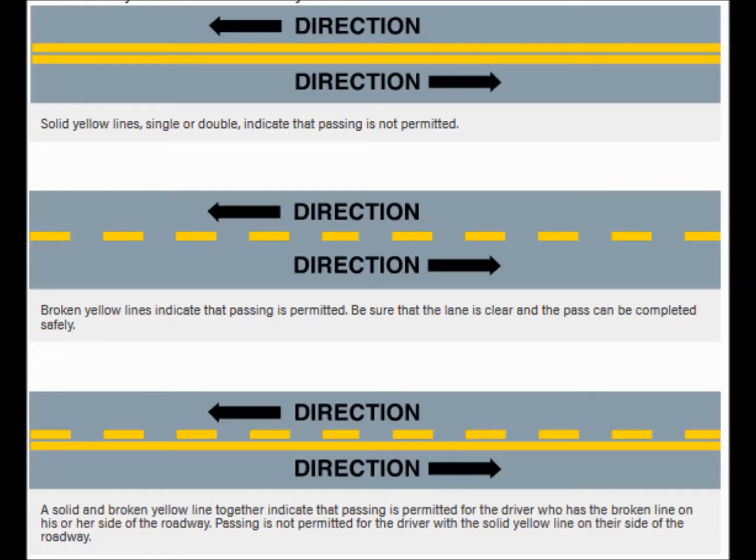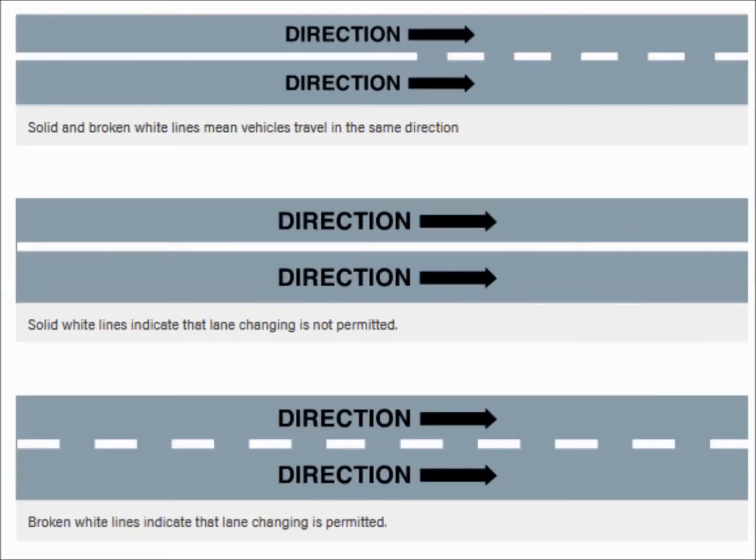White line markings. White lines mean that vehicles on each side of the white line are traveling in the same direction. Image description. A gray rectangle symbolizing a road. On the left side of the road, there is a solid white line, but on the right side of the road, it becomes a broken white line. Both above and below the white line are the words direction and arrows pointing to the right.